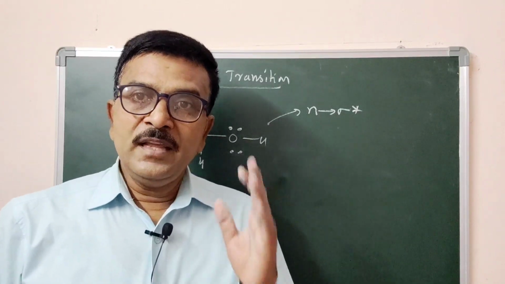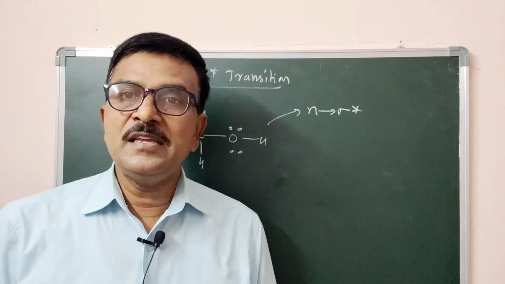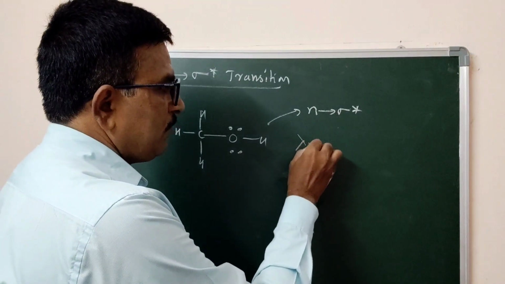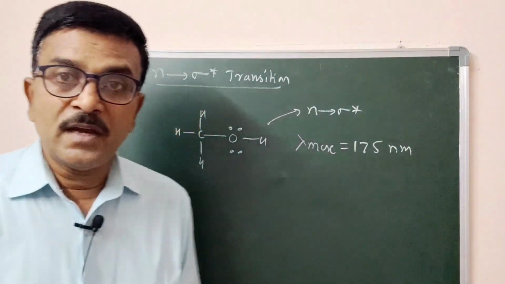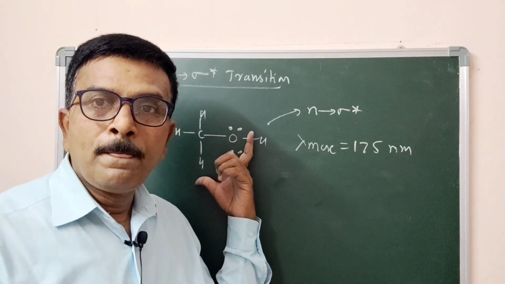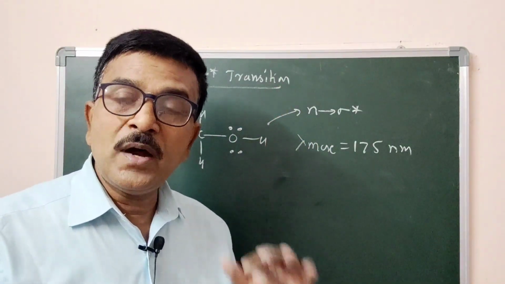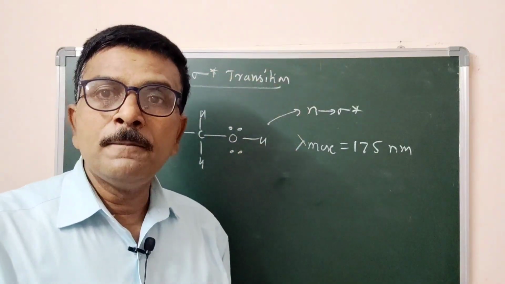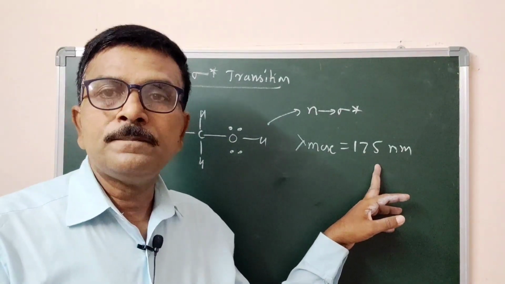Further, the energy required for n to sigma star transition is again higher, that is, exactly equal to a wavelength of lambda max equal to 175 nanometer. However, n to sigma star transition is possible for this molecule, but the energy for n to sigma star transition is also higher, as the energy difference between the n orbital and the sigma star orbital is high, that is, exactly equal to a wavelength of 175 nanometer.